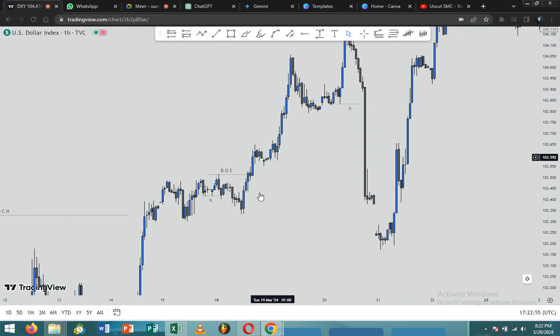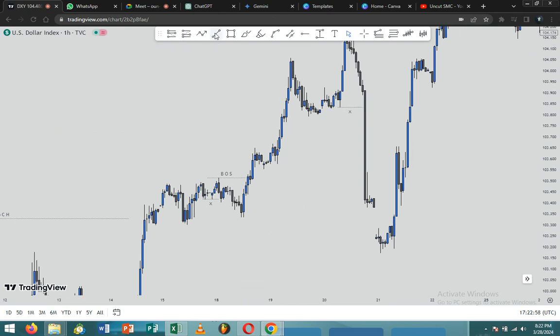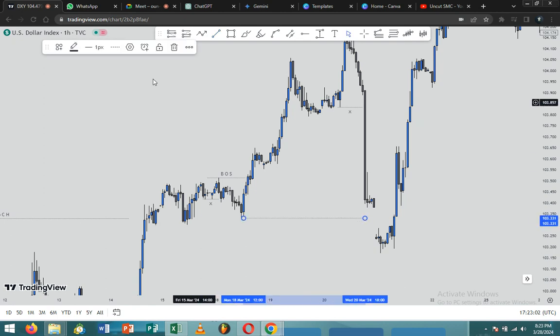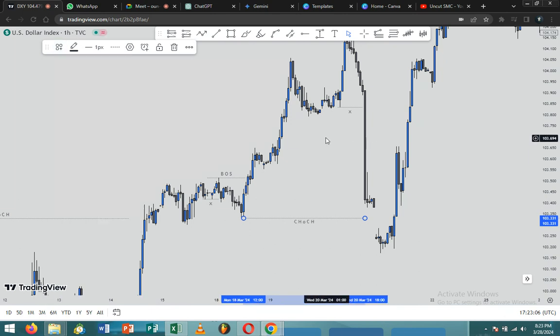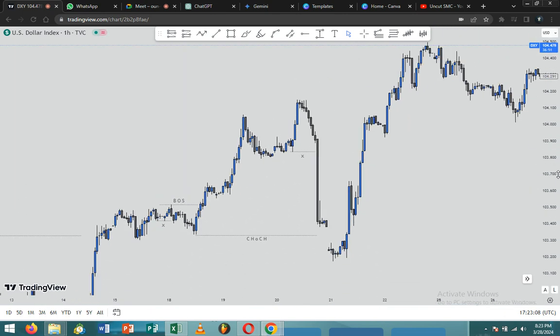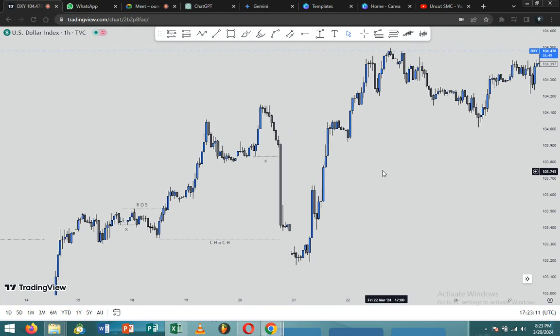With that inducement, we can be looking to buy, but again, price comes here and takes out our low. So this one becomes CHoCH. So once this one becomes CHoCH, then we are looking to buy after the inducement has been taken out.